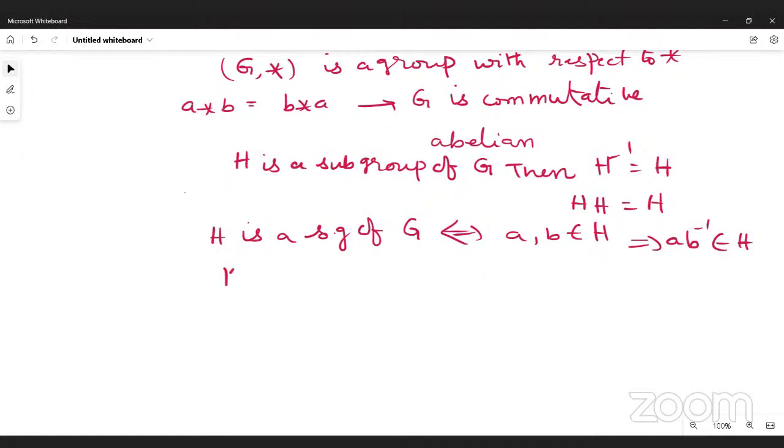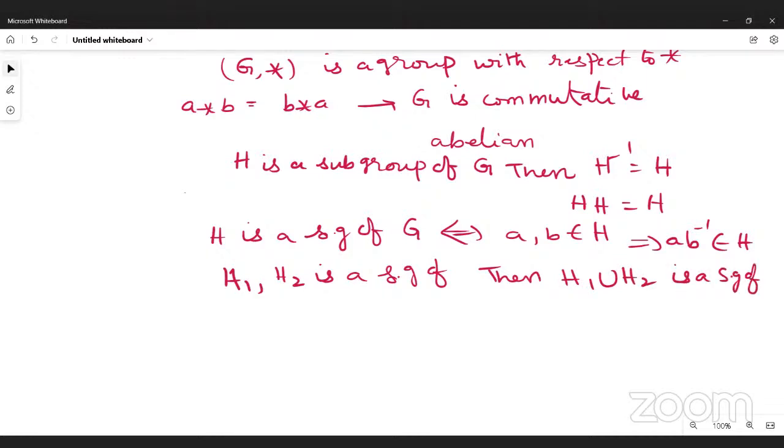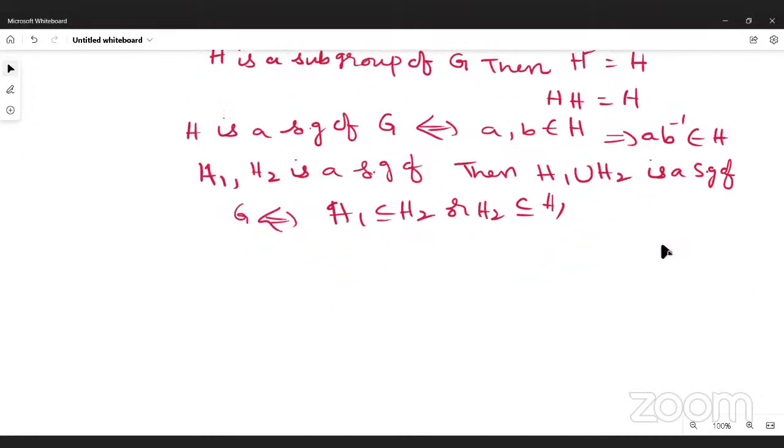Also, if H1 is a subgroup and H2 is a subgroup of G, then H1 union H2 is a subgroup of G if and only if either H1 is contained in H2 or H2 is contained in H1.